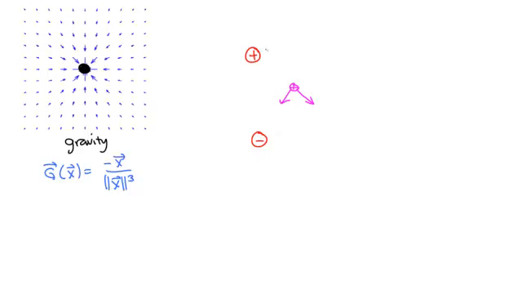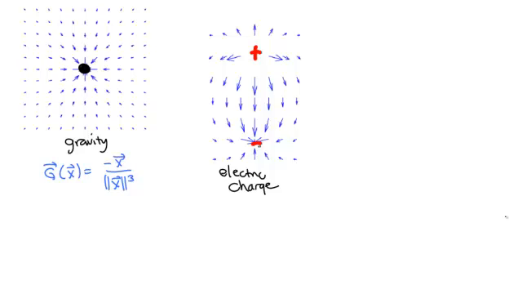If the particle was very, very close to the original positive particle, then the pushing away would be very strong and the pull would be very, very slight. Whereas if the particle was very, very close to the negative charge, the pull would be very strong, but the push would be kind of minimal. And so if we were to draw the net vector at every single point of these forces, we would once again see a vector field.